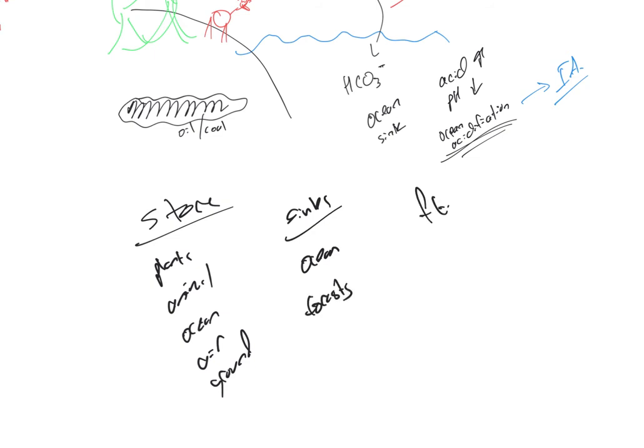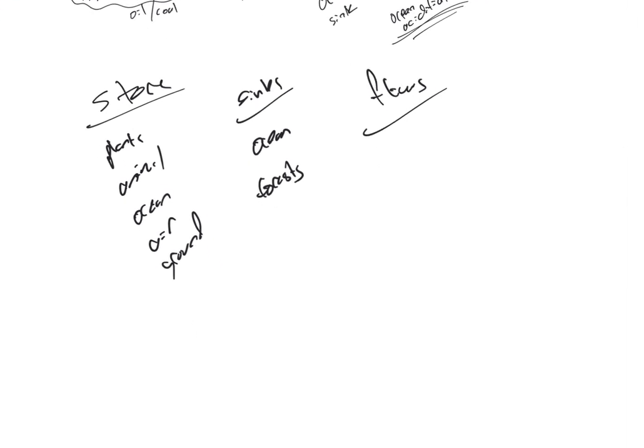And the flows, what are some of the flows? We have combustion, when we burn carbon by forest fires or by man-made activities, cars or factories. They burn carbon compounds, and carbon is released into the air.